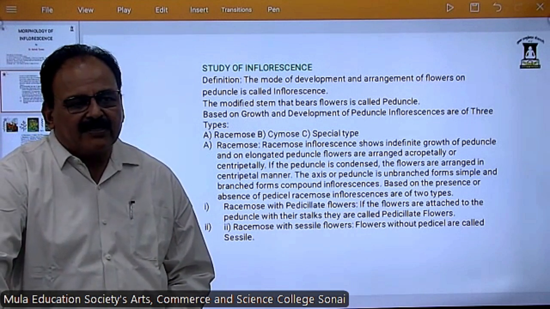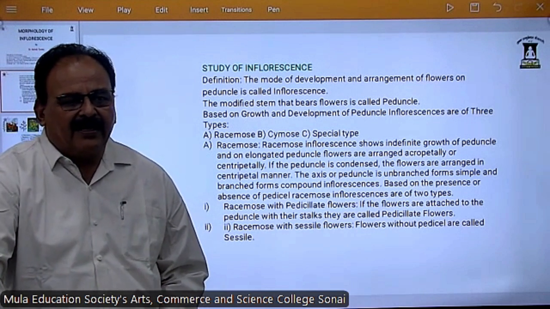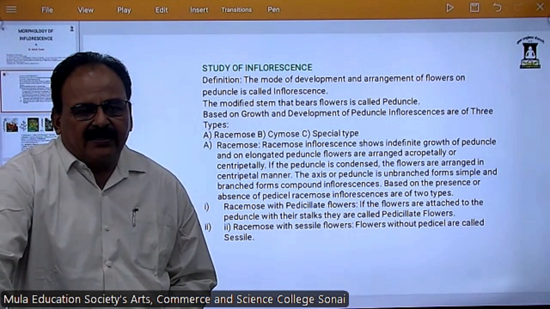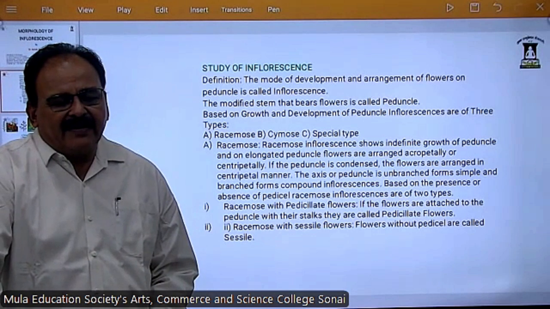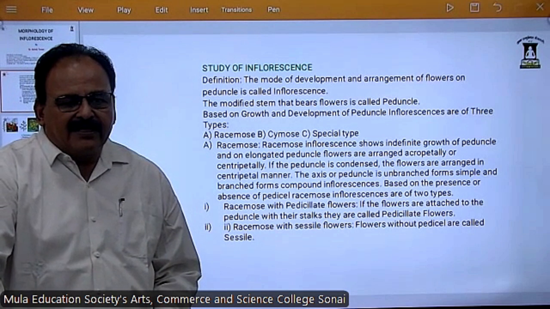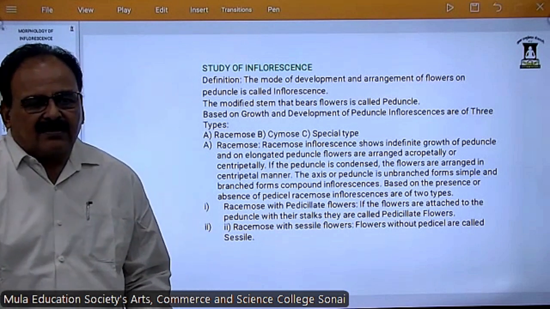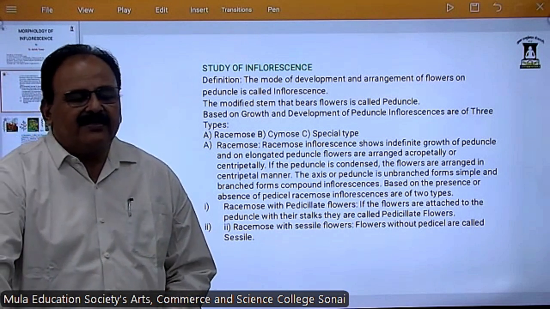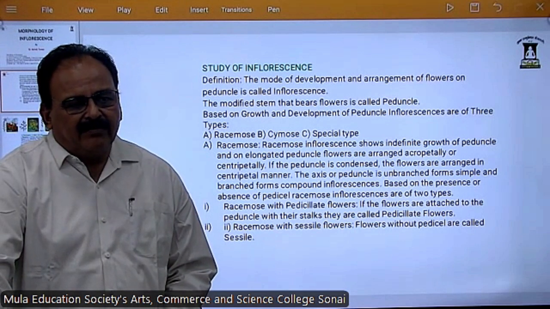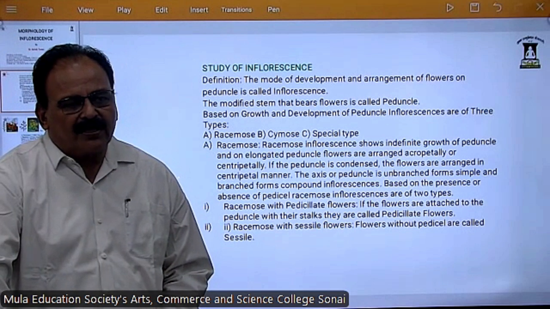Means the younger flowers are present at the apical region and older flowers are present on the lower region. Inflorescence is again divided by the presence or absence of pedicel, and on the basis of the structure of the peduncle, long or short.